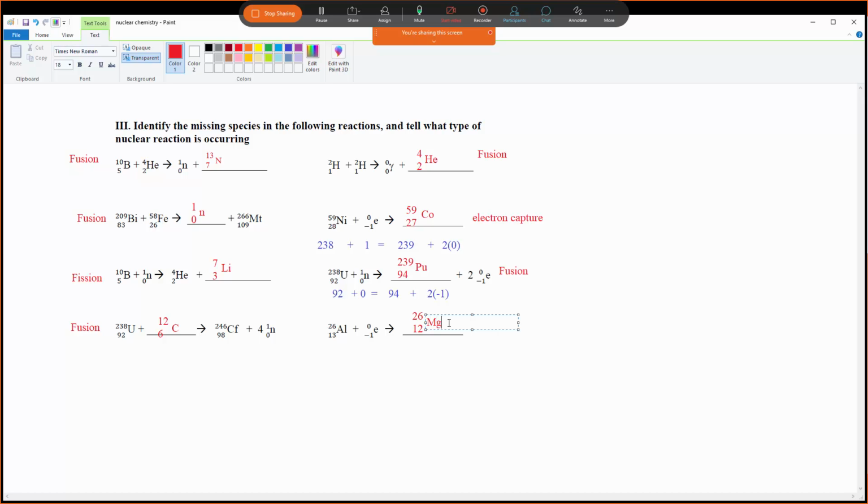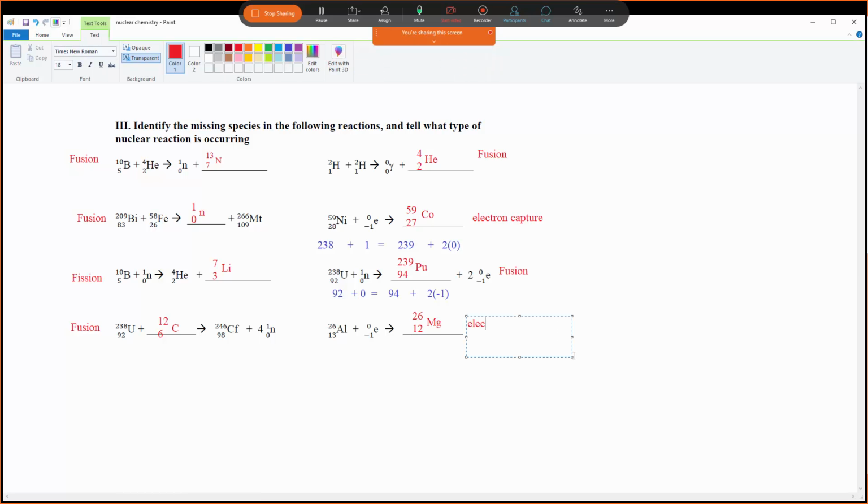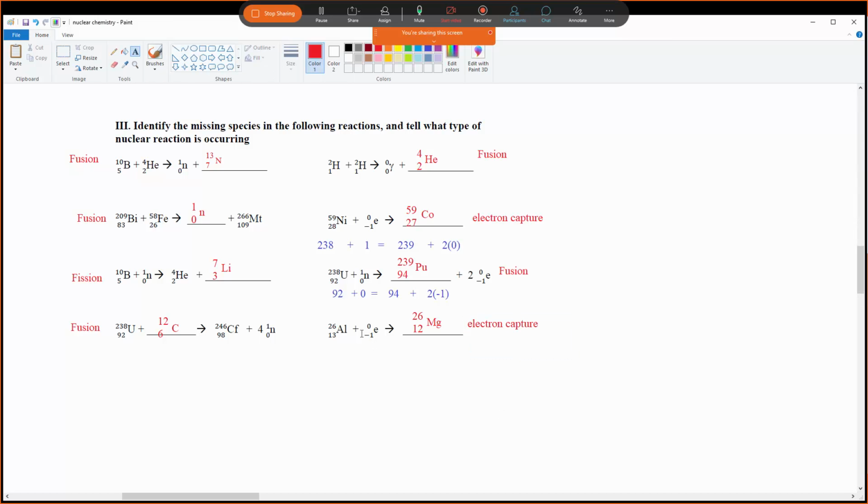Should be magnesium. And this is going to be, as Sarah noted here, electron capture. Yeah, and Erica both, yes, because you are capturing this electron, right, and absorbing it into yourself.